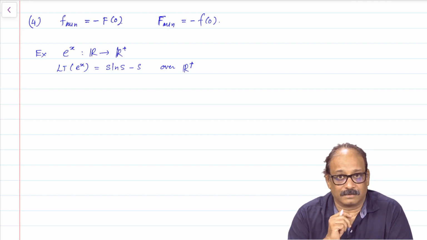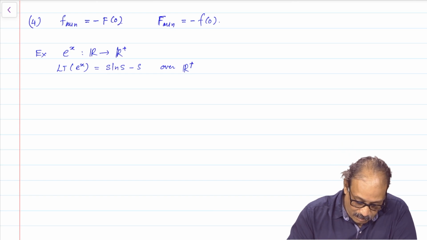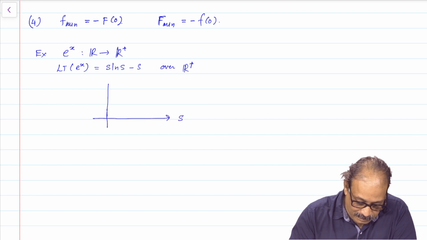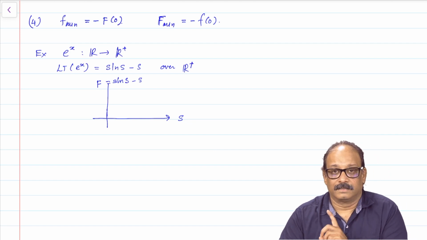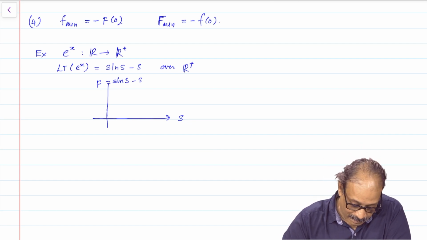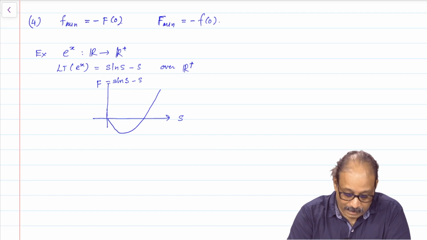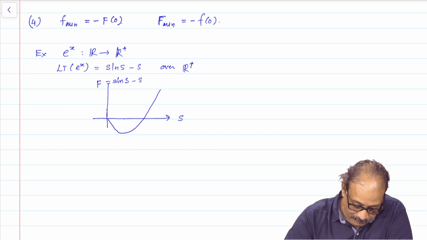But the opposite is not true. If you plot s log s minus s as a function of s, so this is your capital F, which is s log s minus s, this function has a minimum and the function goes like this.